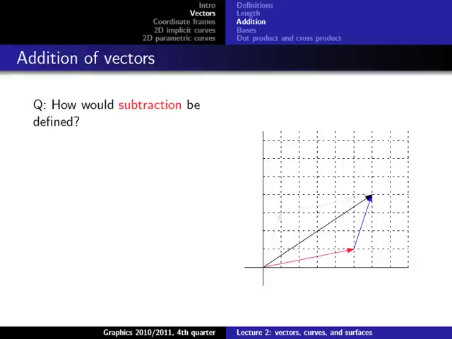Good. So we have addition. Of course, we can also think about subtraction. How can we define subtraction from what we already have? It's actually pretty easy to define. Any idea? Inverse, exactly.